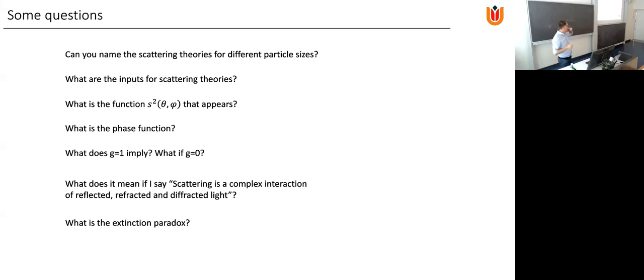So then finally, for the largest of particles, we talked about the extinction paradox. It means that the scattering cross section is actually twice the geometrical cross section of the object that is scattering. That is the weird result that if you have a very large particle compared to the wavelength, it actually removes by scattering twice the amount of power of the light that is incident.